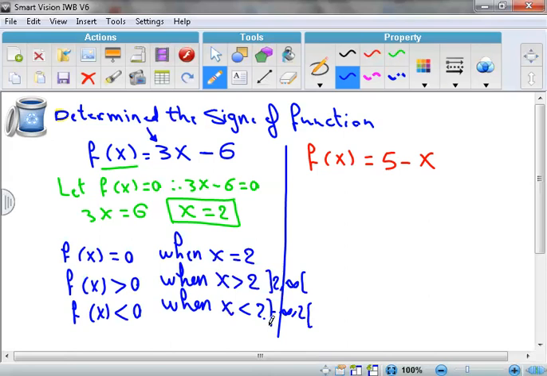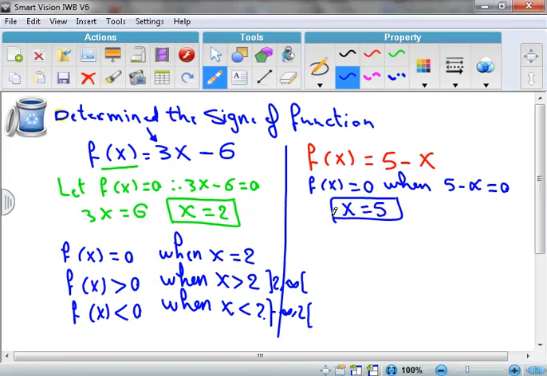Let us see the second. We say also f of x equals 0 when 5 minus x equals 0. Then x equals 5. We find the solution set of f of x equals 0.